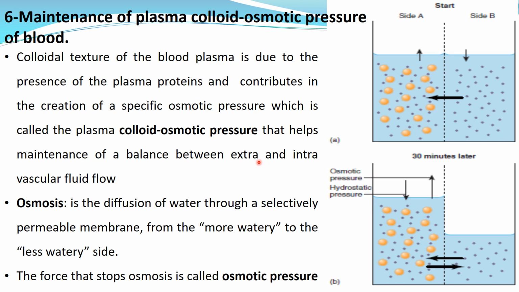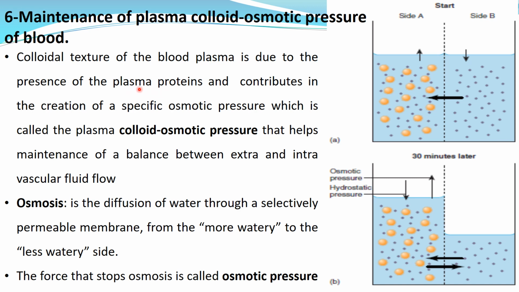So how can a balance between these fluid flows be regulated? Through the presence of a specific pressure, which is called plasma colloid osmotic pressure, and this pressure mainly depends on the presence of the plasma proteins.